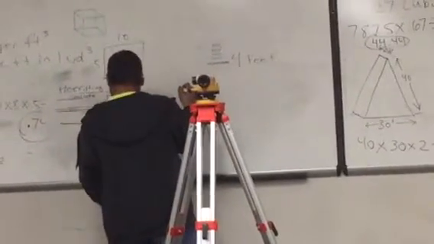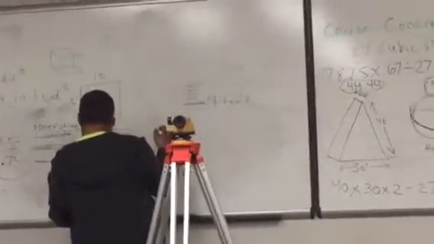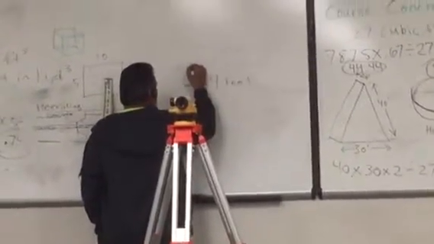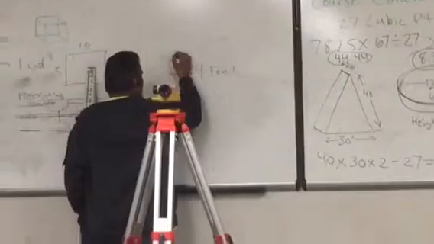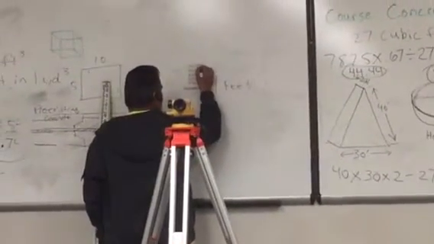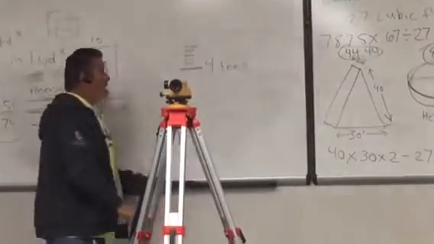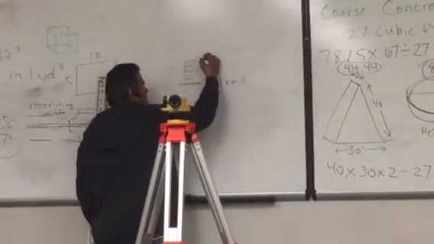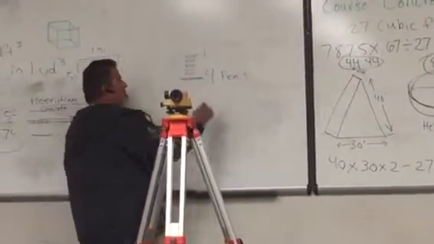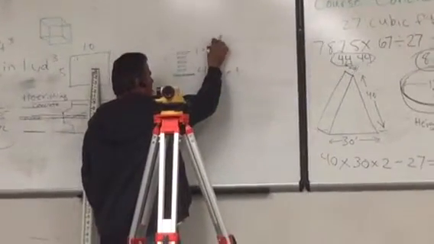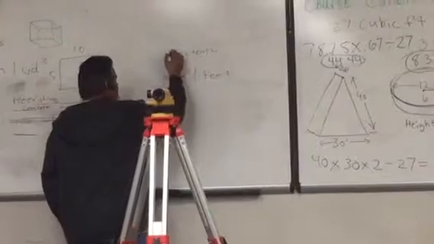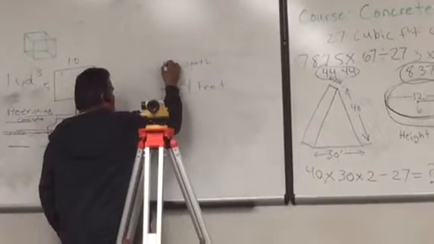How many are in between? 1, 2, 3, 4, 5. And then this one, your first tenth, is gonna have a little point on it. That's telling you that that's 1/10. Okay?